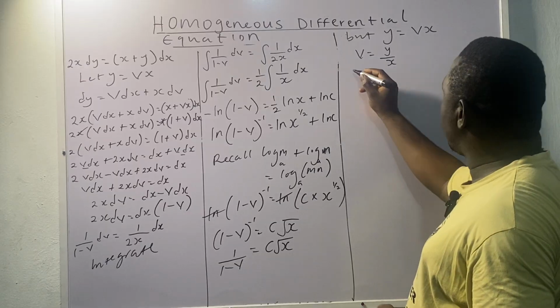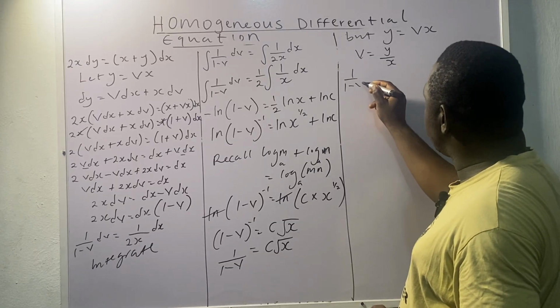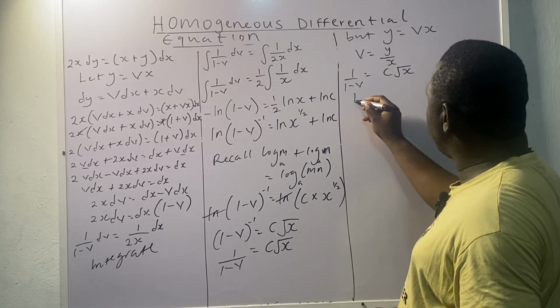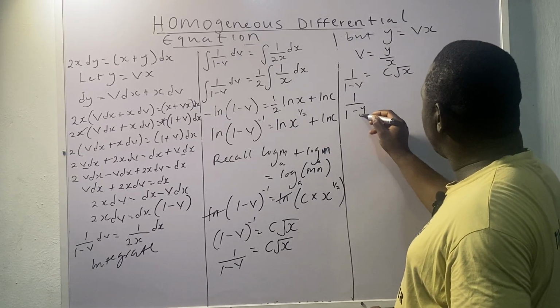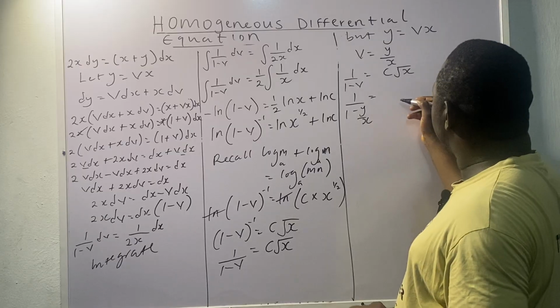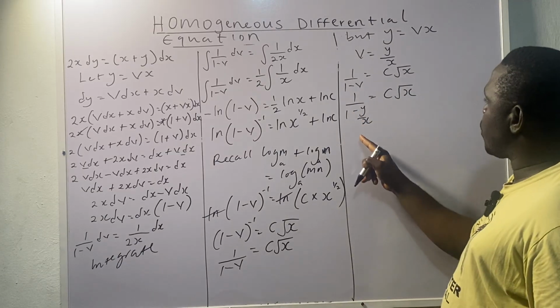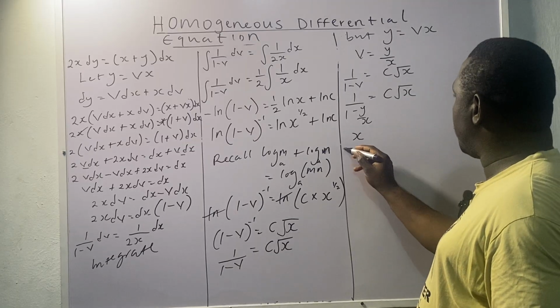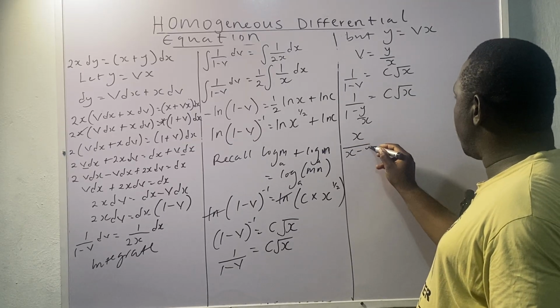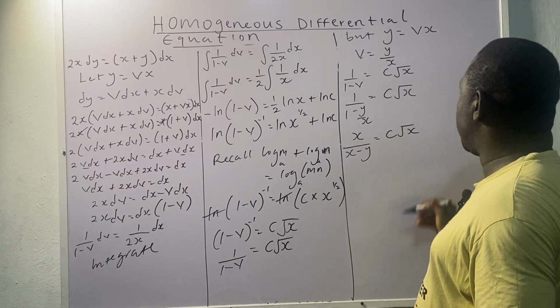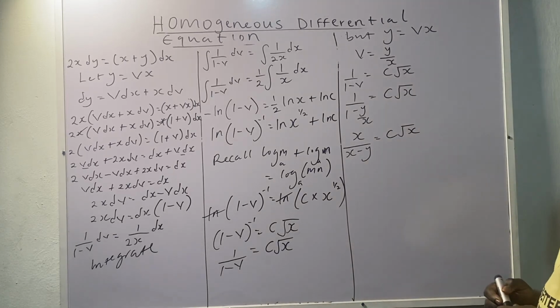So from what I have down here, this is equals to this c. So in place of this, you put 1, then you put this over this. So that you have c. Okay, so when you solve this correctly, what do you have? You have this x over y is equals to this. So this is what you have.